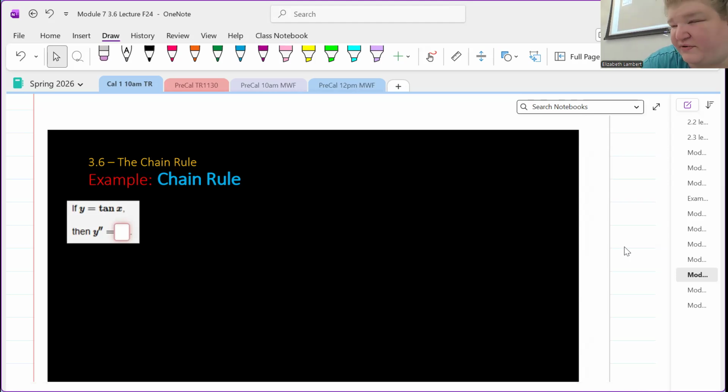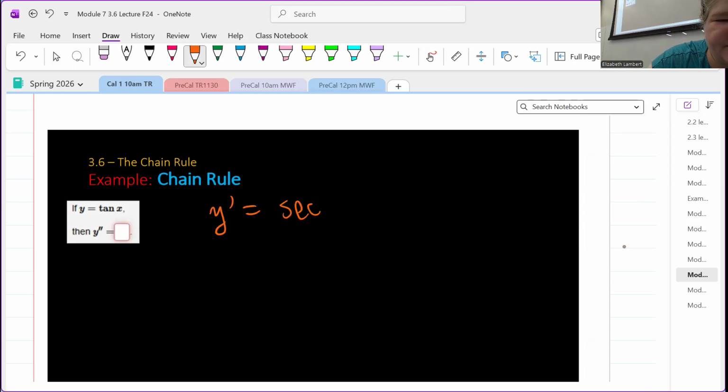Derivative of sine is cosine, derivative of cosine is negative sine, derivative of tangent is secant squared. So there's our first derivative. And then our derivative of secant is secant tangent.